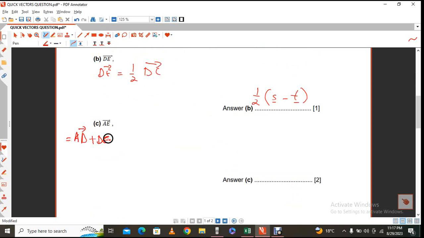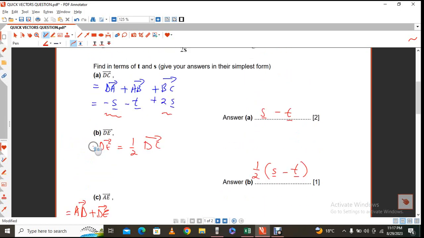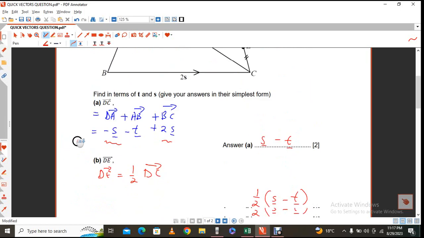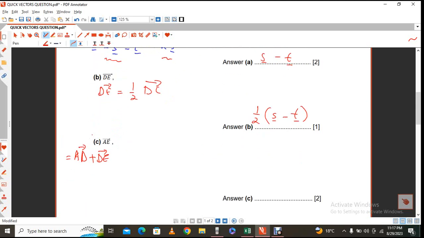Refer to your diagram always so you don't get confused. We know that AD is represented by S, and we know that DE from our previous answer in part B is a half of S minus T. So it's just a matter of carrying over, because you would probably see like terms there.